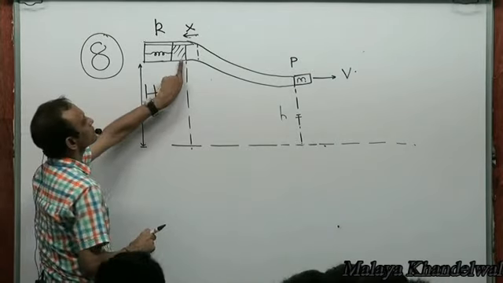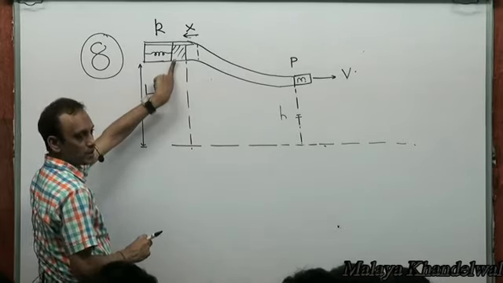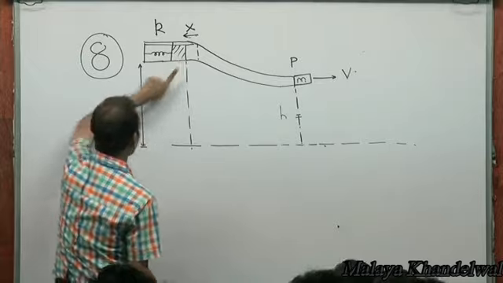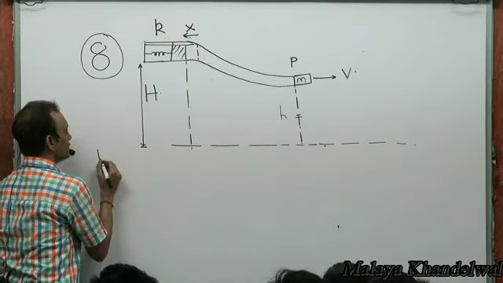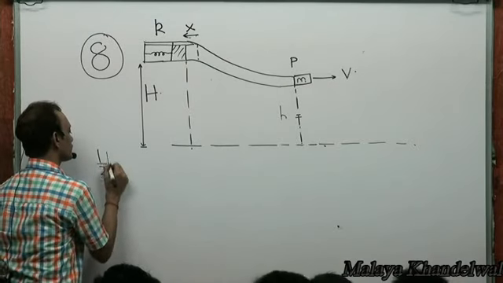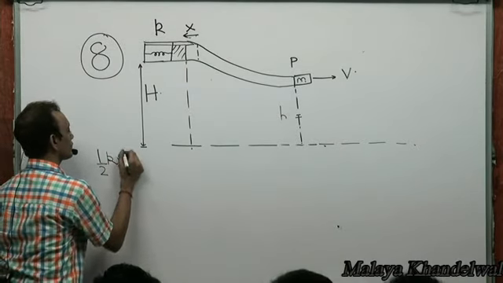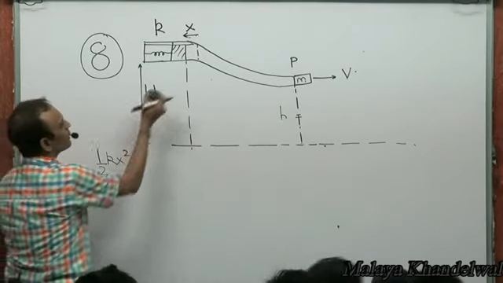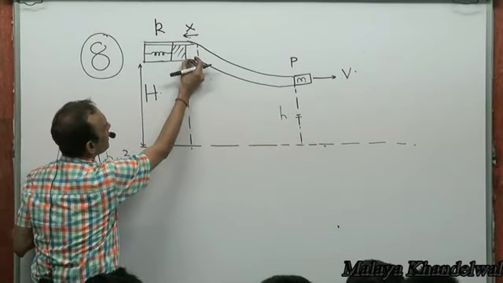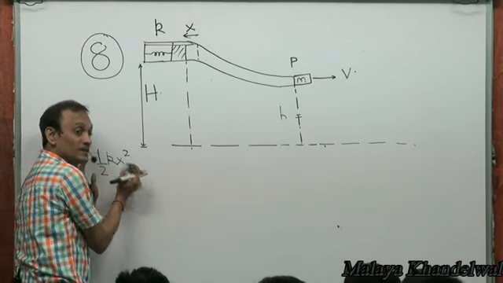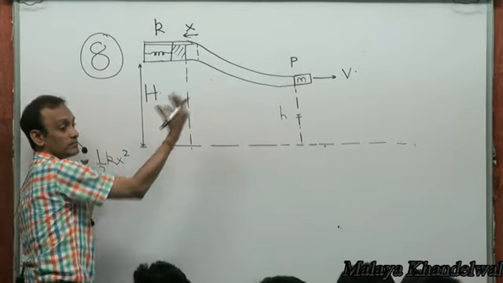Now, when it's compressed by an amount x here, there is elastic potential energy half kx squared in the spring. In fact, when it's released from the state, this amount of energy is released by the spring onto the mass m, right?